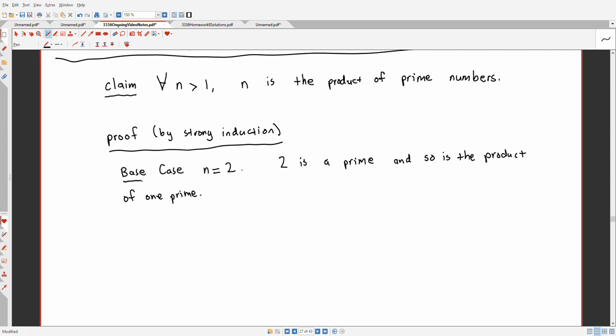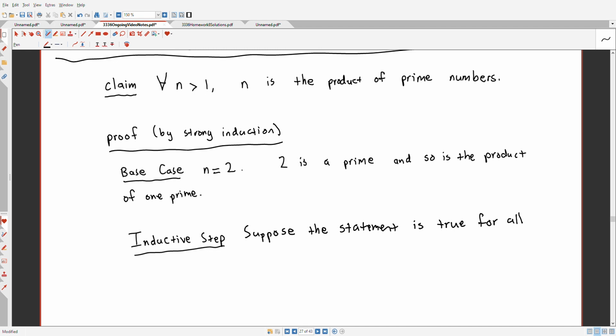And now, our inductive step. Our inductive step is to say, suppose the statement is true for all natural numbers n bigger than 1, and up to and including some natural number k.